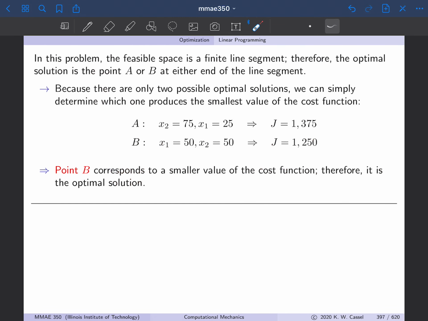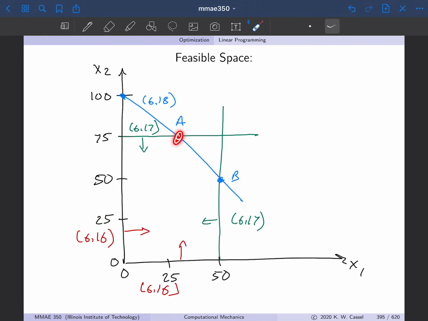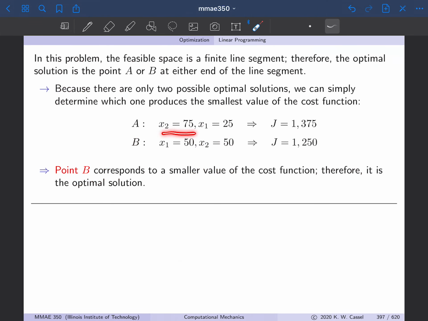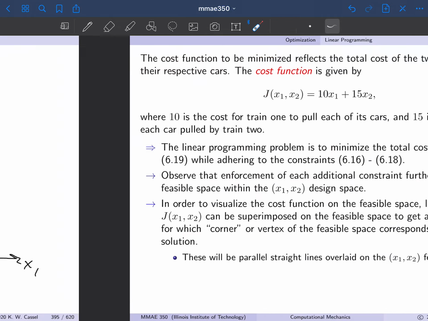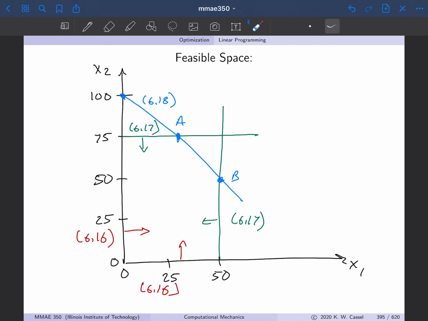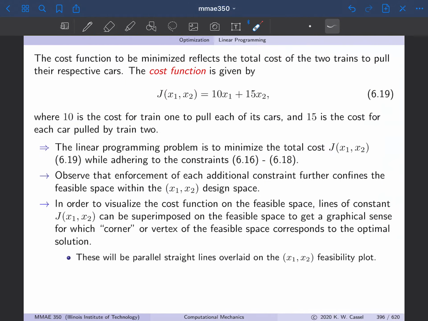So in this case, this simple way to solve it is just evaluate J, the total cost, for A and B. So for point A, that corresponds to x1 being 25 and x2 being 75. Likewise, for B, that corresponds to x1 being 50 and x2 being 50 as well.